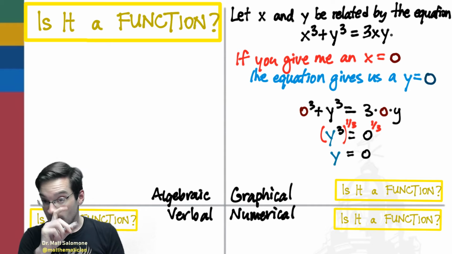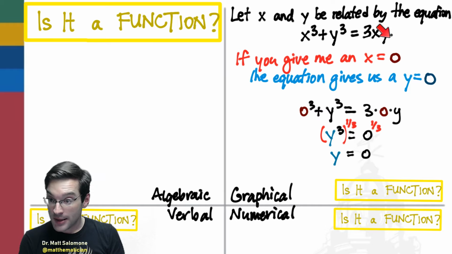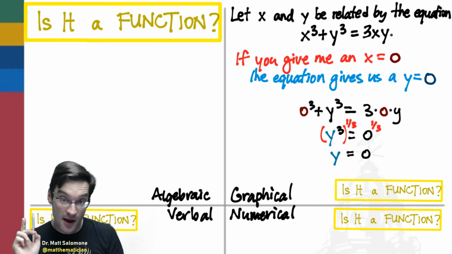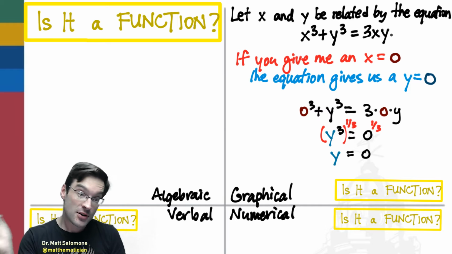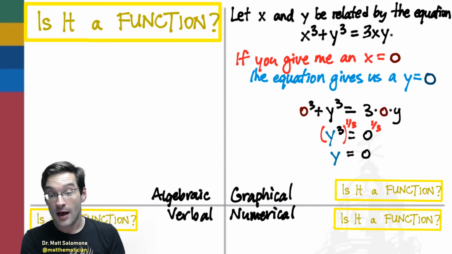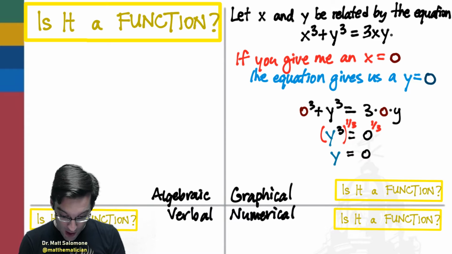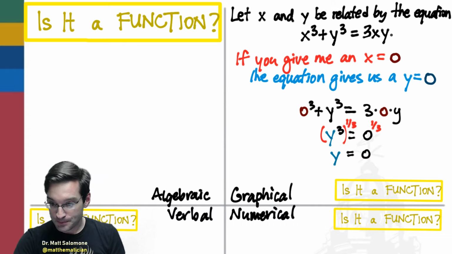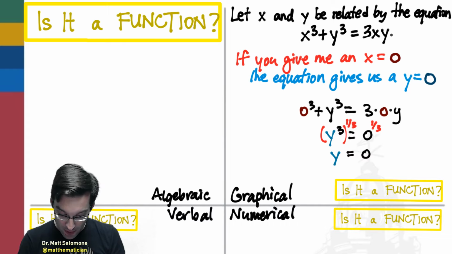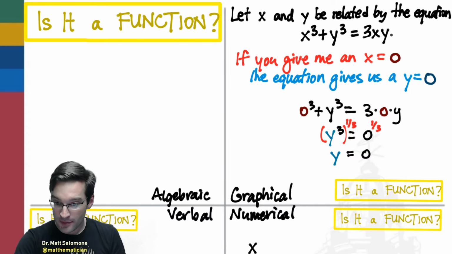So the point is that this equation describes a relationship, because if you give the equation a value for one of my quantities, the equation can be solved to determine the corresponding values of the other. So if you give me x equals 0, then the equation is going to spit out for me y must be 0 as well. And so what that helps us to start doing is build a numerical table of data based on those kinds of observations.